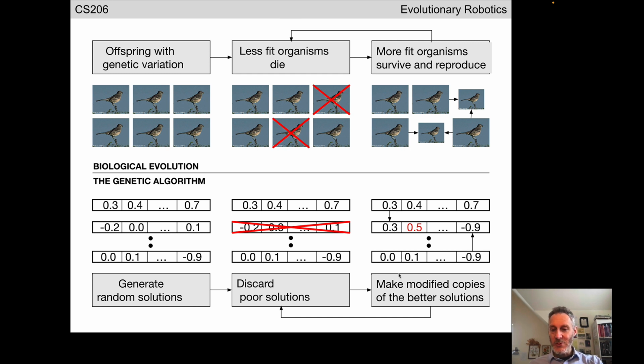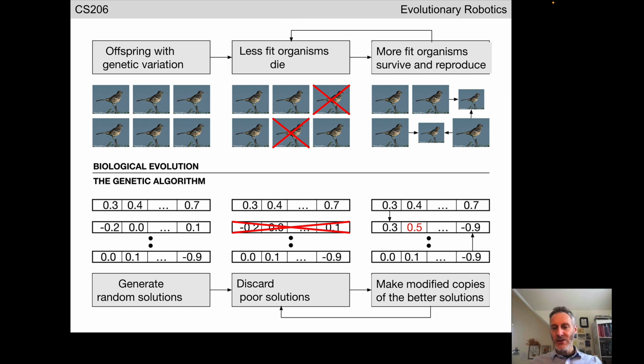There are different ways we can make randomly modified copies. We can take a given solution, like this particular vector here, and make a copy of it. And as we're copying the numbers into an empty vector, every once in a while, when we copy that number, we alter the number a little bit. This is obviously meant to simulate biological mutation, genetic mutation.